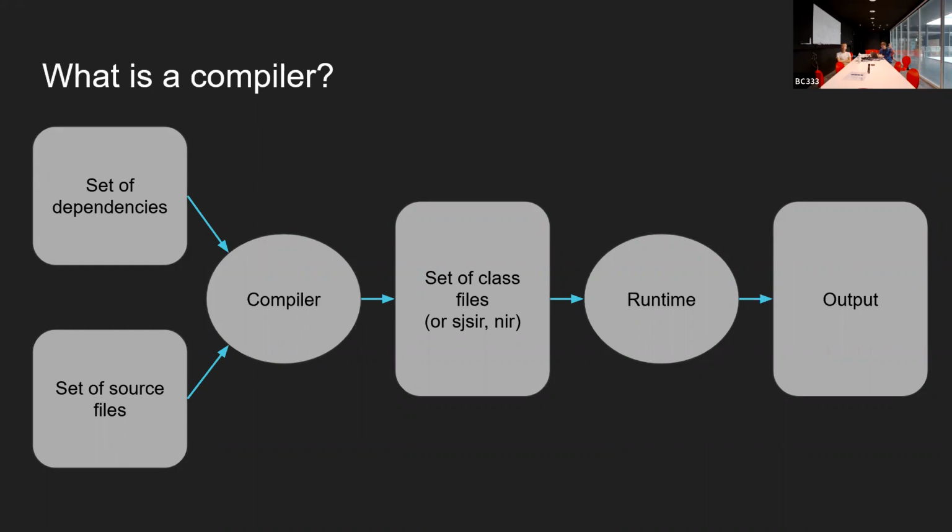Right? So this is really what we're looking at. And so on the left, we have a set of dependencies and a set of source files. And at the very end, we have an output of a running program. And this is what we test, actually.